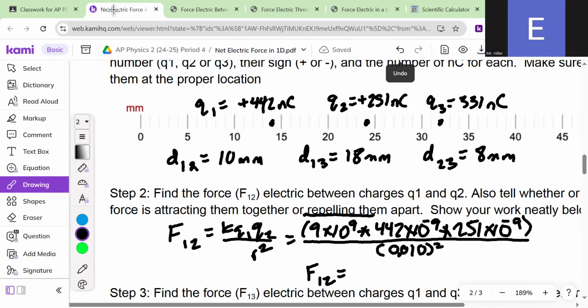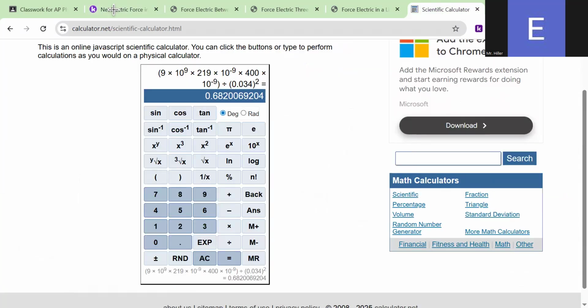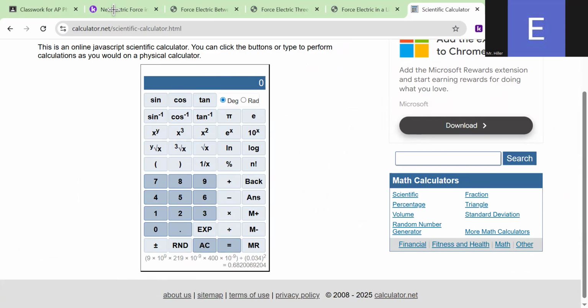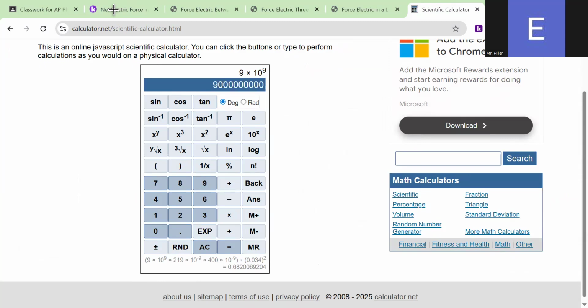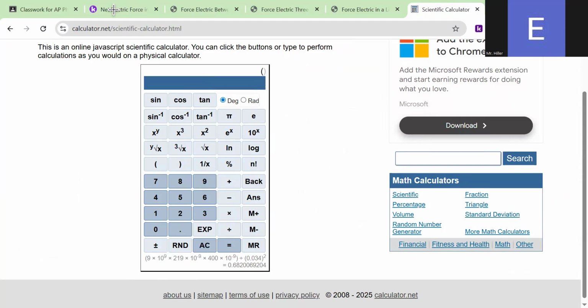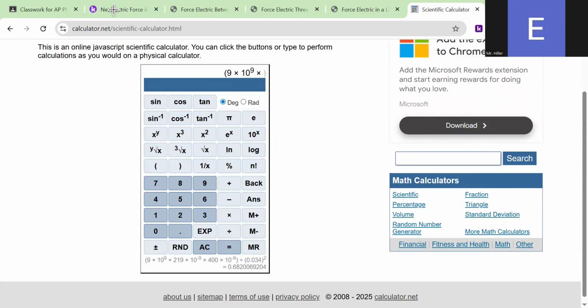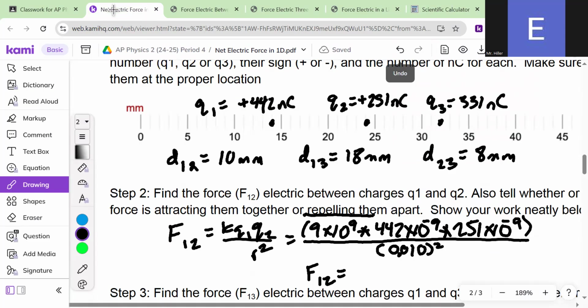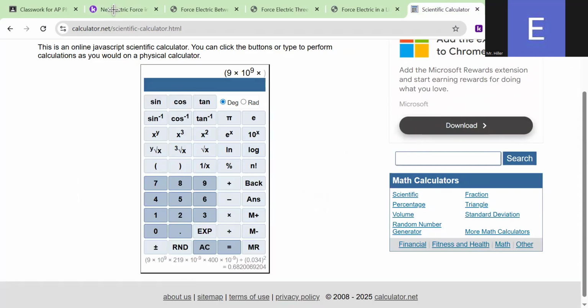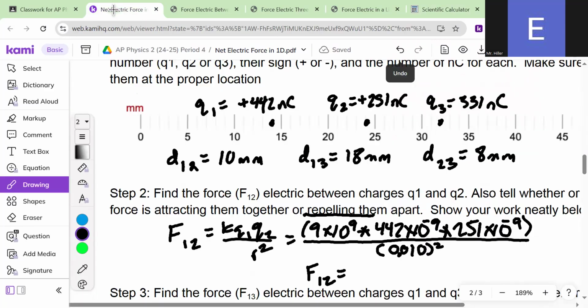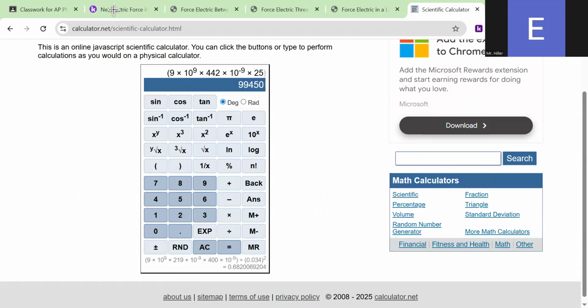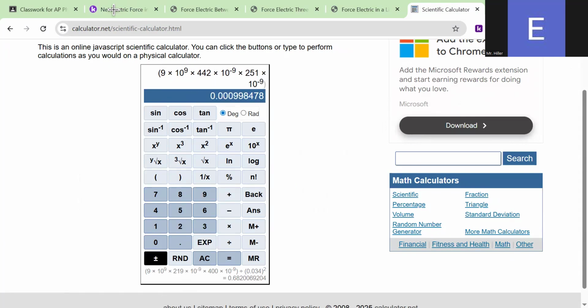Okay, so let's find F12. Open parentheses, 9 times 10 to the 9 times 442 times 10 to the negative 9 times 251 times 10 to the negative 9.